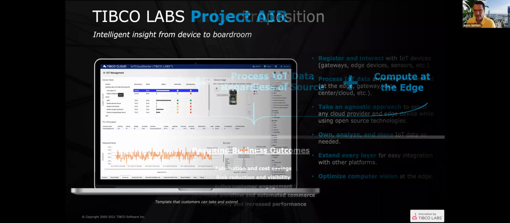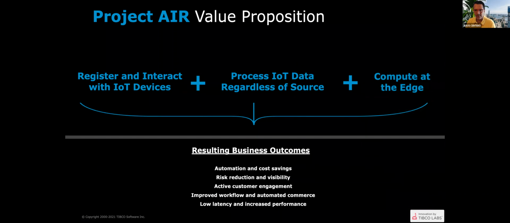So let me go to the next slide. Okay, the value prop in the end for Project Air ends up being the ability to register, interact, do the data pipelining, process the data in any way that is needed, and then bring the analytical components to the edge.